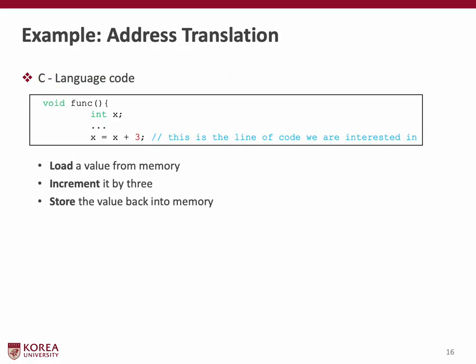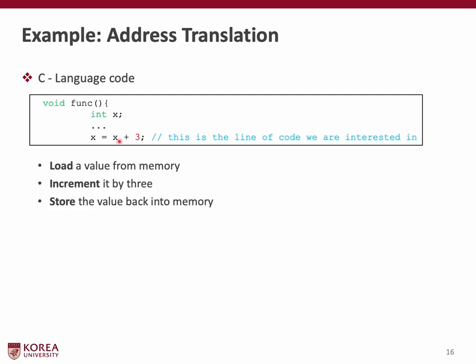Then now let's look at an example to see how address translation actually happens in a real program. Here we have a very simple C function, and inside this function there is an integer variable x, and this line is the one we will focus on.